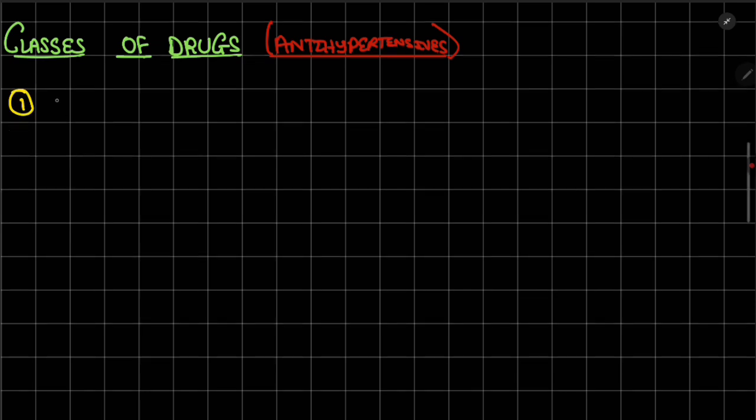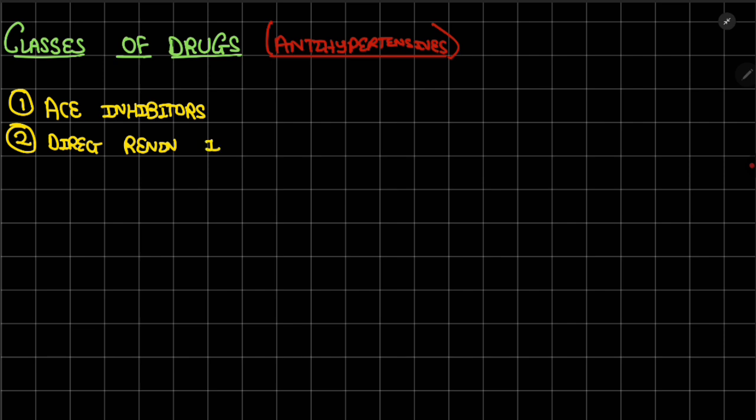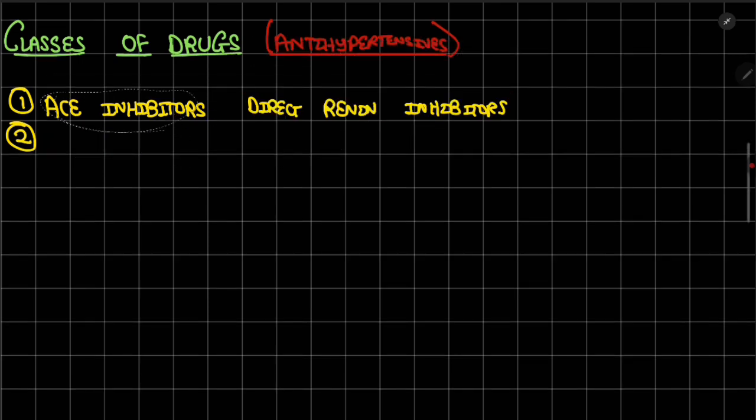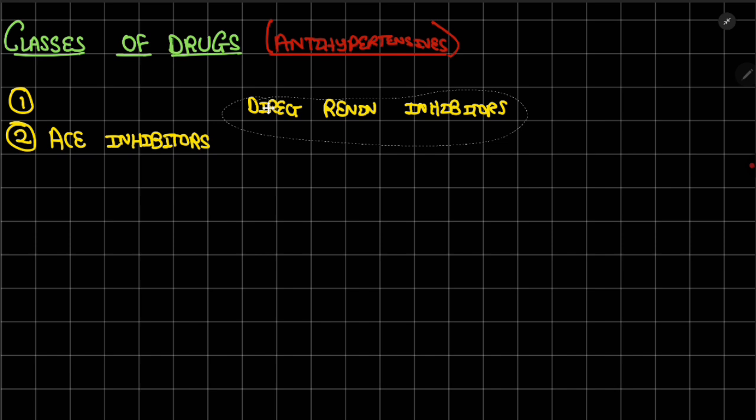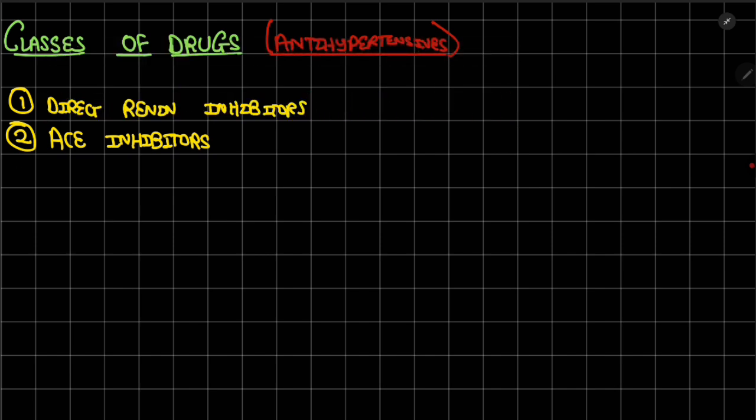First class is ACE inhibitors. Second is direct renin inhibitors. The sequence should actually be reversed, so sorry. So you will know it better: direct renin inhibitors, then ACE inhibitors.